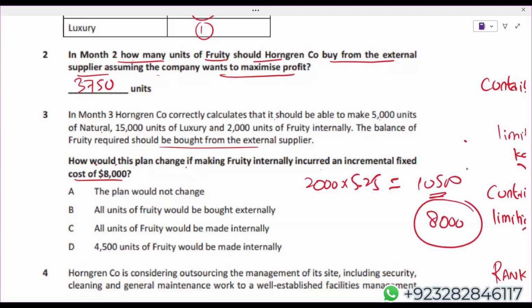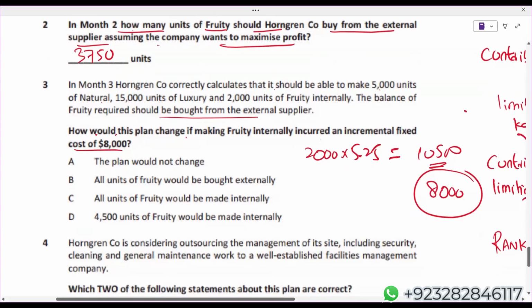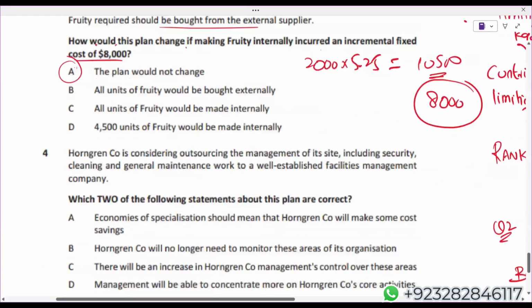Since the additional incremental fixed cost of 8,000 is less than the saving, the plan will not change. I will still be manufacturing 2,000 units of fruity, no change in the plan. Now let's see the options. The part A, the plan would not change. Why is the plan not changing? Because the saving of manufacturing 2,000 units of fruity internally is more than the incremental cost.